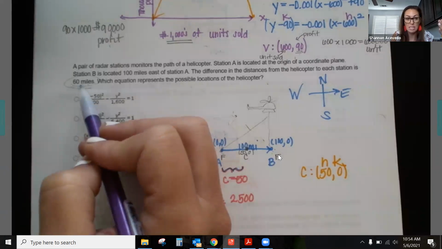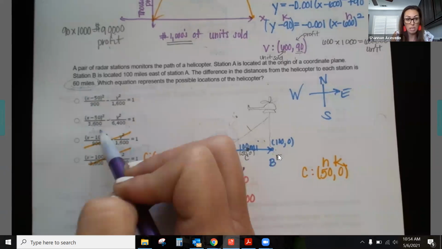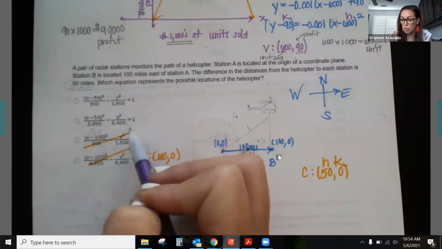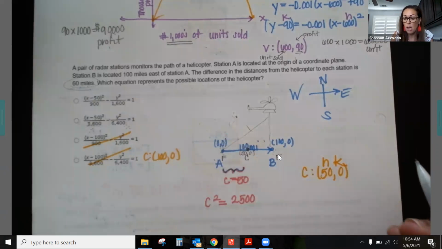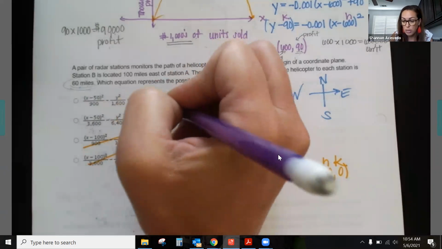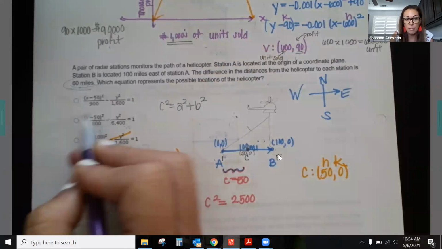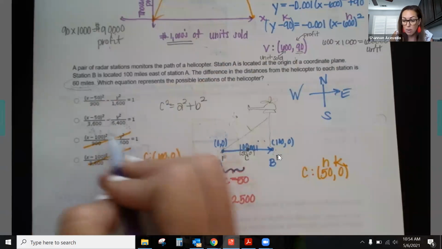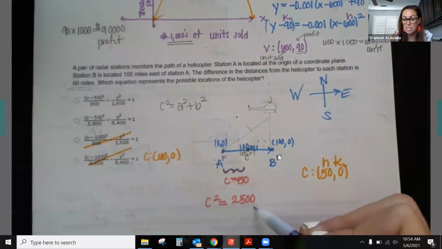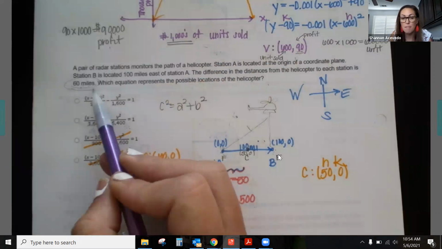If this is 60 squared, then I would get my A. I need to remember that C squared is equal to A squared plus B squared. So if I have that and I need to add whatever's over here, is that going to equal my value here? The answer is no. It has a difference of 60.